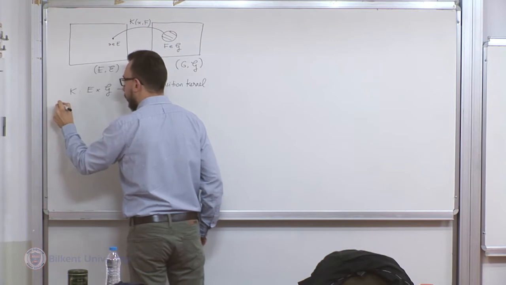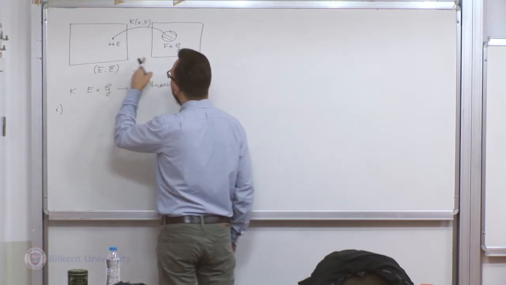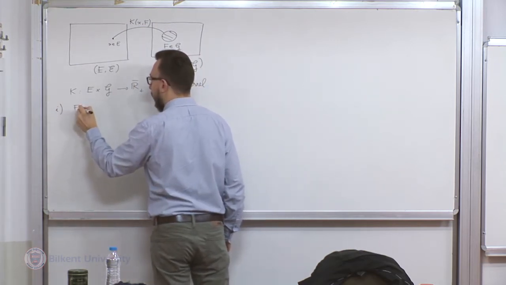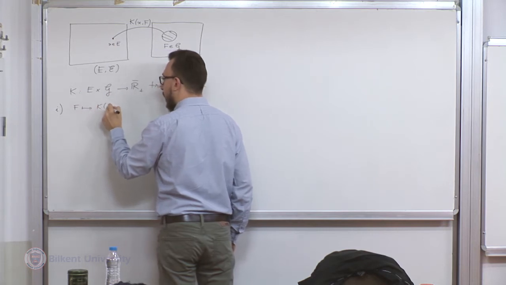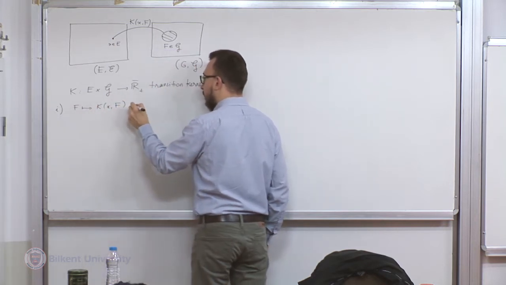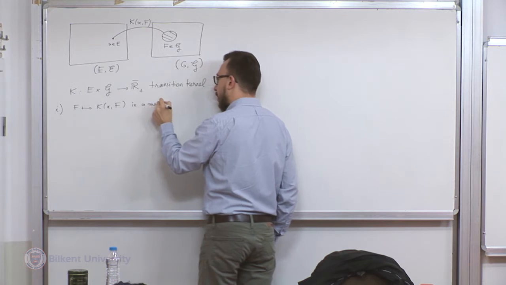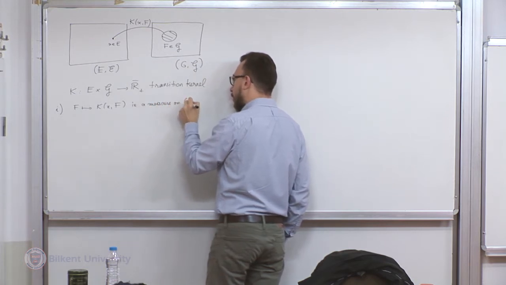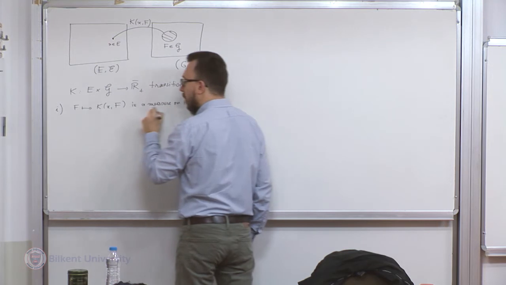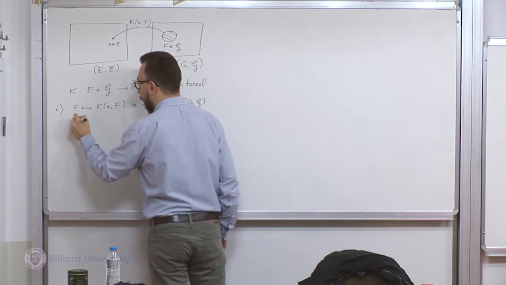So this is a transition kernel if, as a function of f, this is a measure on G, for fixed x, of course.